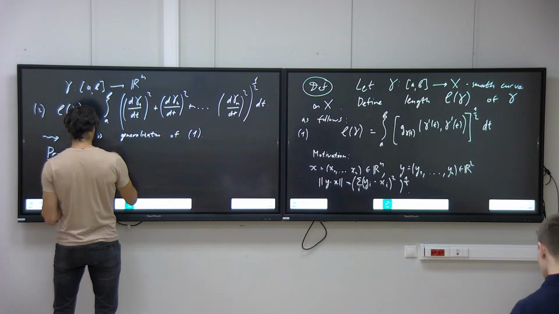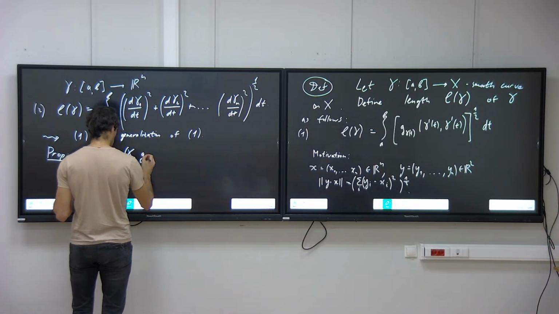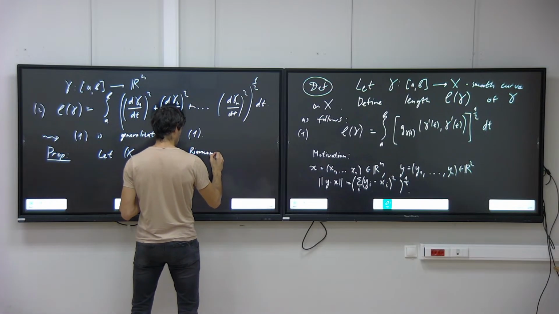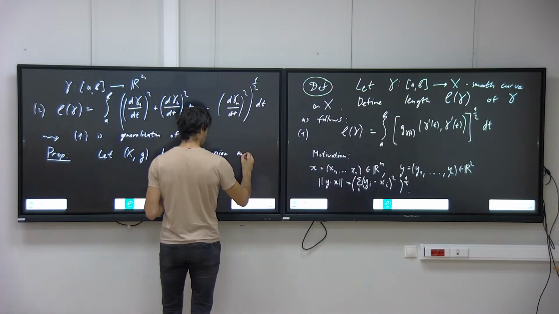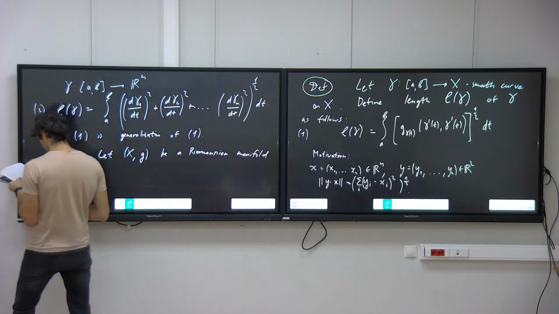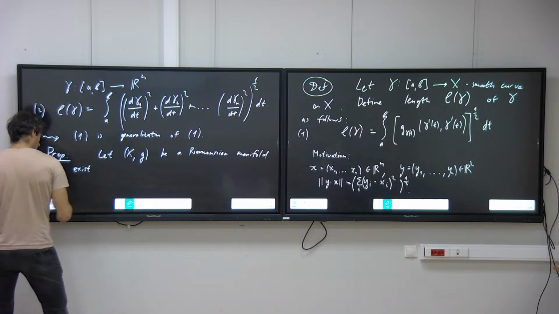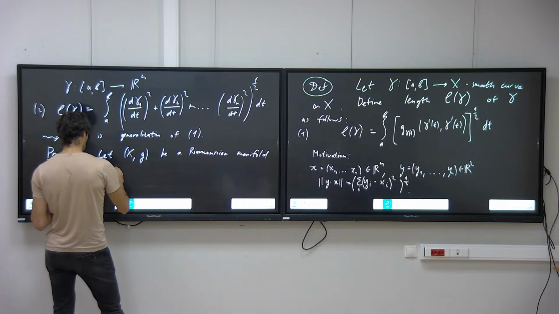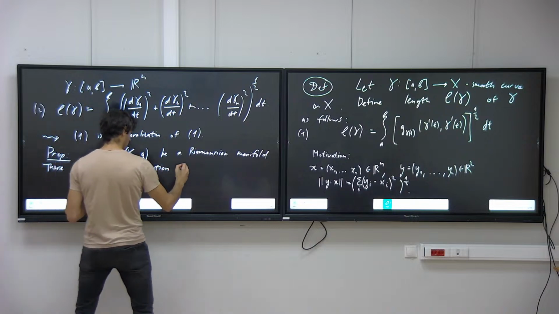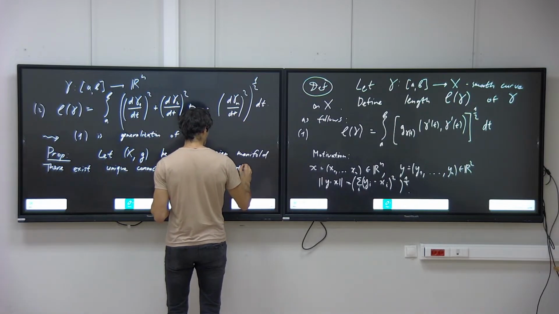Let X, G be a Riemannian manifold. Then there exists a unique connection nabla on X satisfying the following properties.